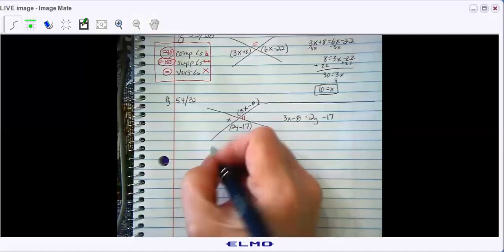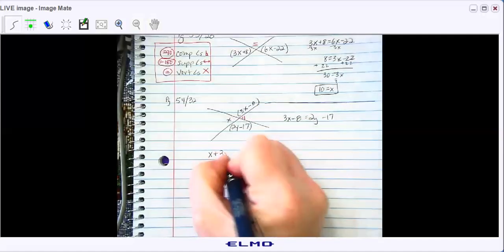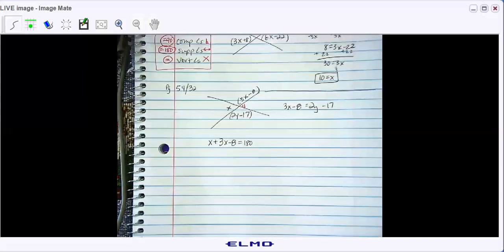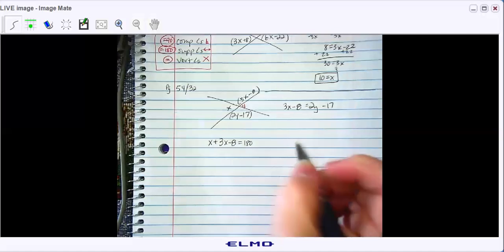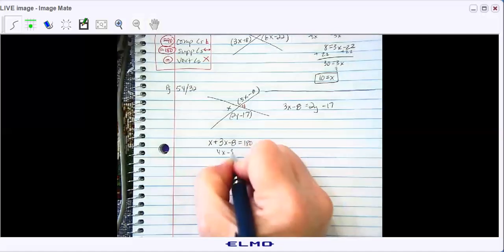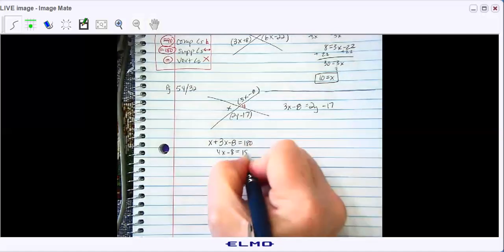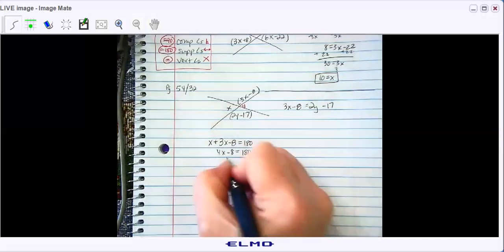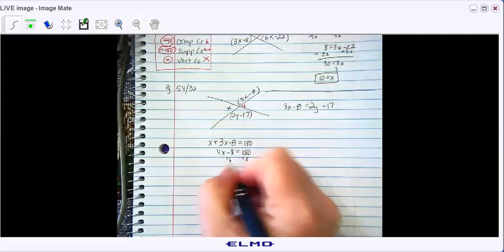So we can say x plus 3x minus 8 is equal to 180. Now we only have one variable and I can solve for x. So 4x minus 8 is equal to 180. And then I can add 8 to both sides. And I get 4x equals 188.